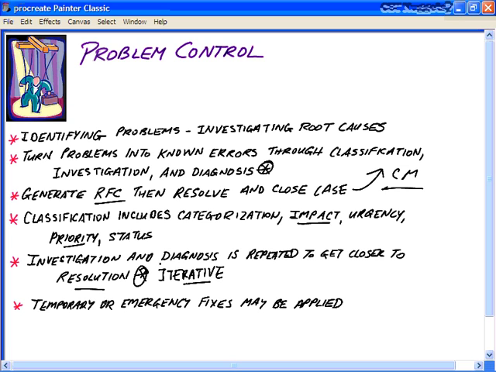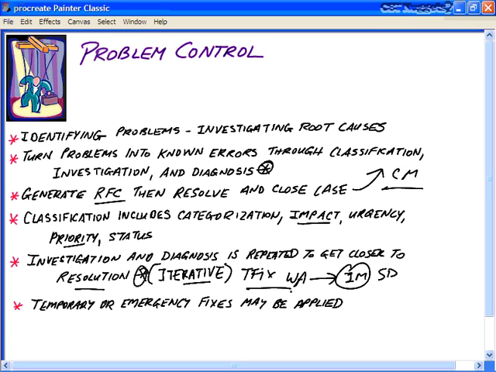Realize that during this iterative process, we may find a temporary fix or a workaround. If we do, we can communicate this to incident management, and they can use this at the service desk. And we'll use these temporary fixes and workarounds during the iterative process until we get to a real resolution. And that resolution should be a permanent, long-term resolution. Again, the resolution itself may be replacing hardware, or replacing software, or replacing a service or a vendor with another better solution.